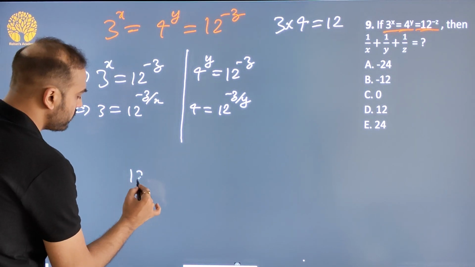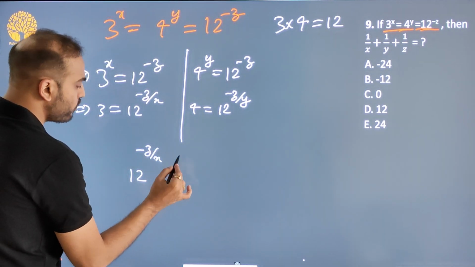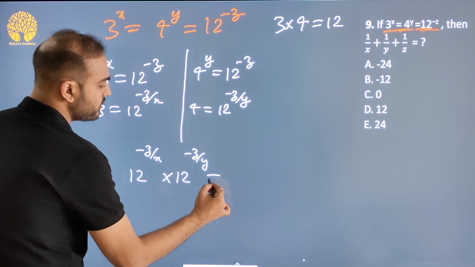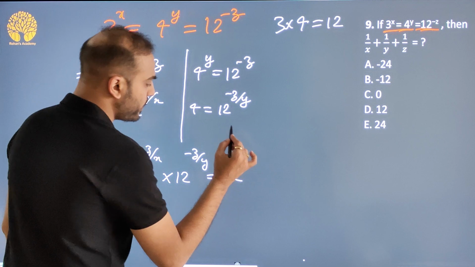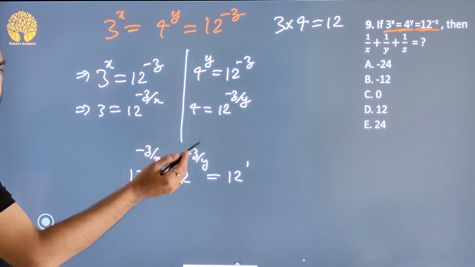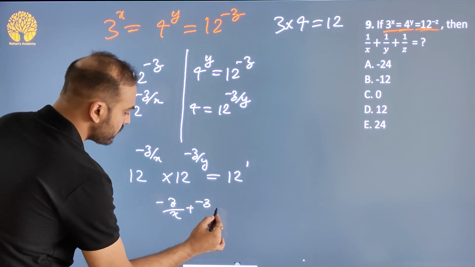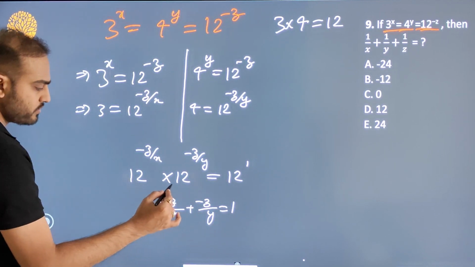12 power minus z over x times 12 power minus z over y is equal to 12 power 1. Bases are same. So minus z over x plus minus z over y is 1.